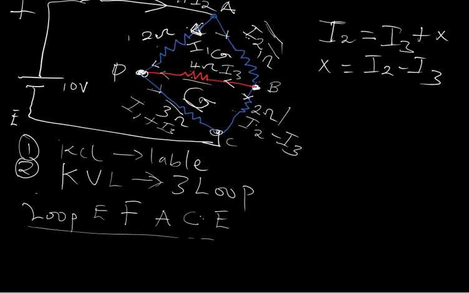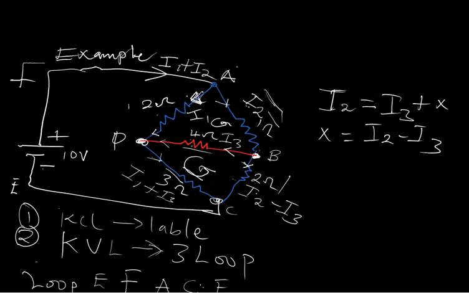Applying KVL to the loop, you know very well that I'm going from negative to positive for the source voltage, so that's going to be plus 10 volts. Then I'm going through A. Remember, I'm only going in a straight line. I'll go in that clockwise direction. So I'm going to pass through this 2 ohm resistor.